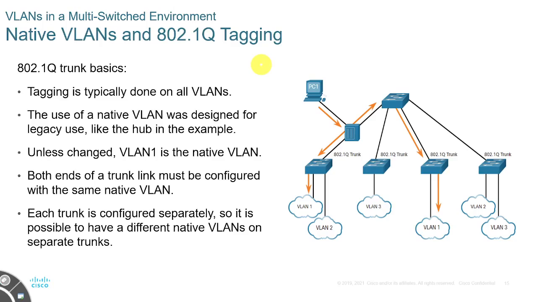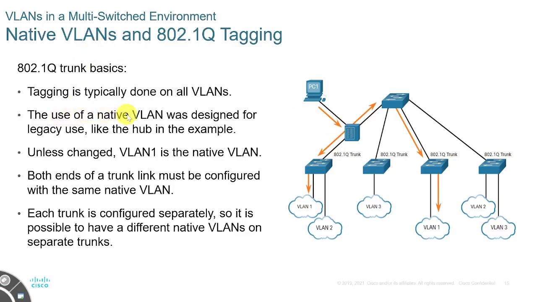Now, native VLANs and 802.1Q tagging. On an 802.1Q trunk, tagging is typically done on all VLANs. However, remember, the native VLAN is the VLAN on a trunk link that doesn't tag its frames.